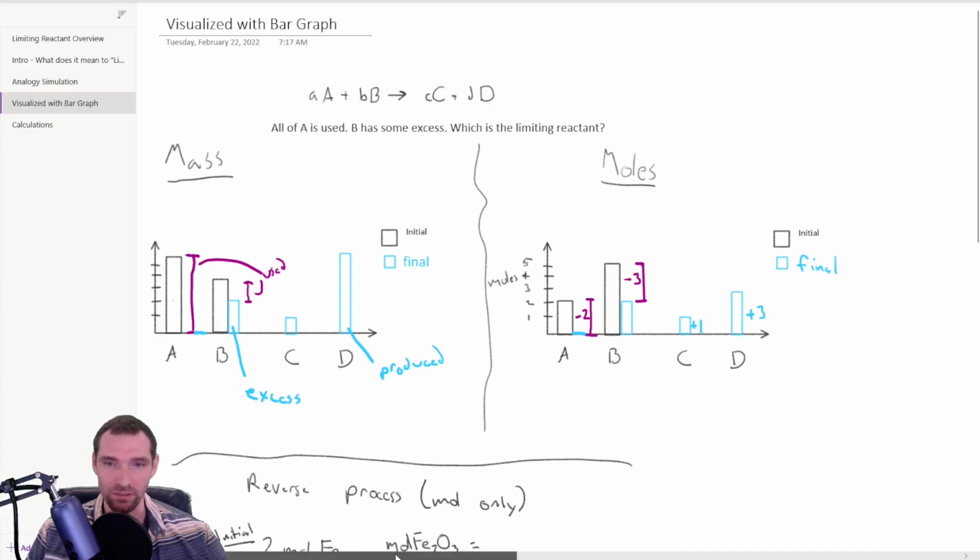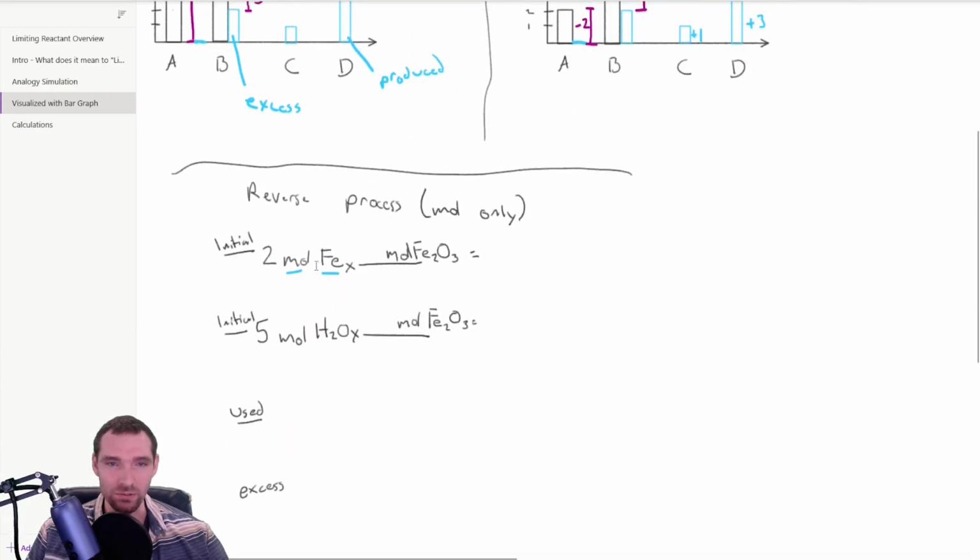So I was trying to think through a problem where maybe you have 5 moles of water, 2 moles of iron, and try to figure out how much we can produce. So I'm just going to walk through that, and then we'll also do some calculations.